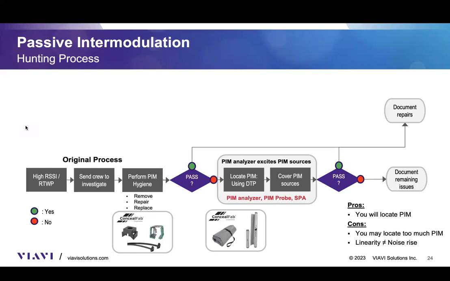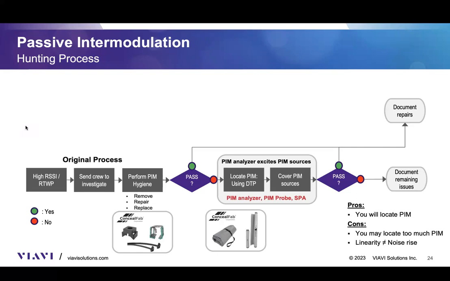So what we recommend, if you get to the site, is to perform a process called PIM hygiene, which means you remove, repair, or replace these common sources that we've learned over time are going to be problems at the site. And on the replacement side, ConcealFab has developed a pretty wide portfolio of cable support solutions to replace the PIM-prone versions that are often found at sites.